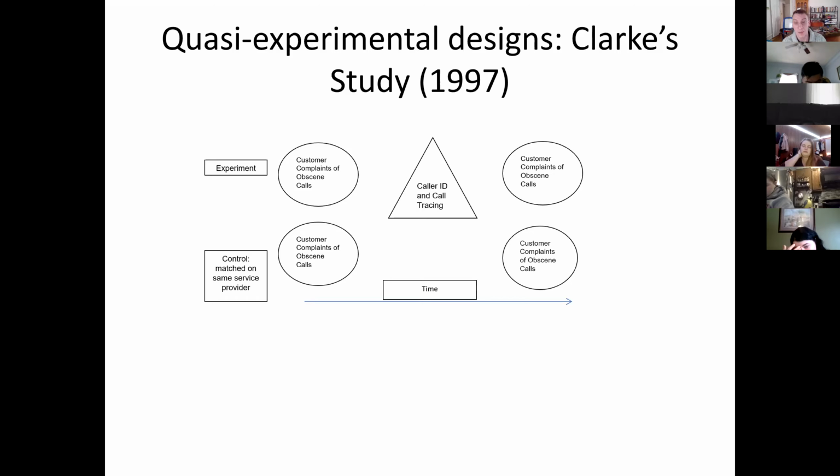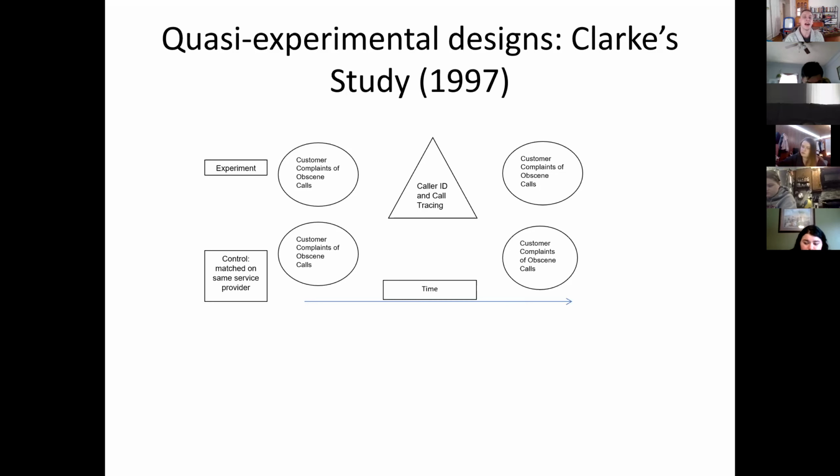And it turned out that people were reporting fewer obscene phone calls among those who got the caller ID versus those who did not have it over the same period of time. So it really does look like it wasn't just the popularity of caller ID, because the people who had it really were more likely to report fewer obscene phone calls.